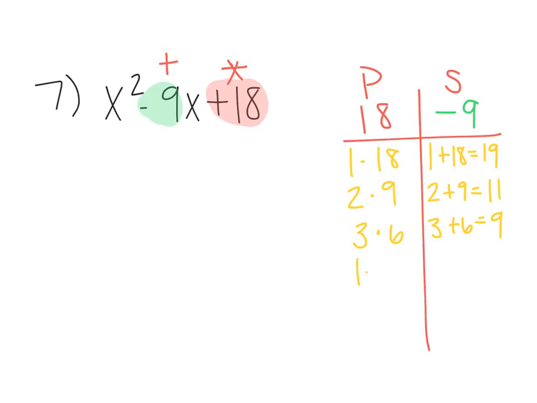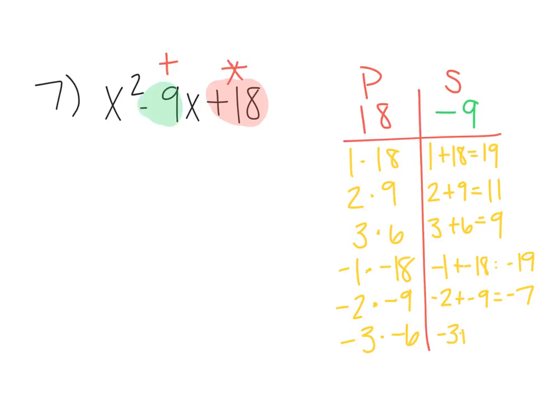Those 3 sets of numbers are negative 1 and negative 18, negative 2 and negative 9, and negative 3 and negative 6. So if I add those as well, negative 1 plus negative 18, that's negative 19. Negative 2 plus negative 9, that's negative 11.